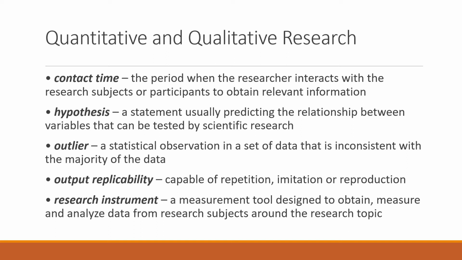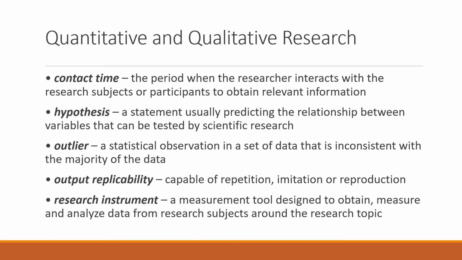Second, hypothesis. It is a statement usually predicting the relationship between variables that can be tested by scientific research. Third, outlier. A statistical observation in a set of data that is inconsistent with the majority of the data.